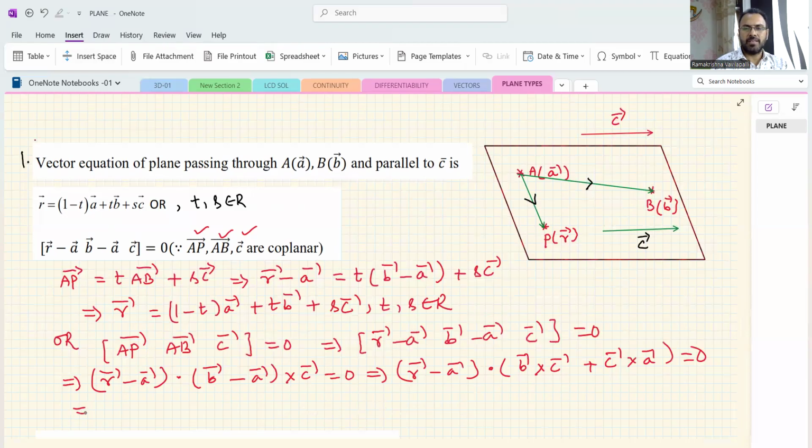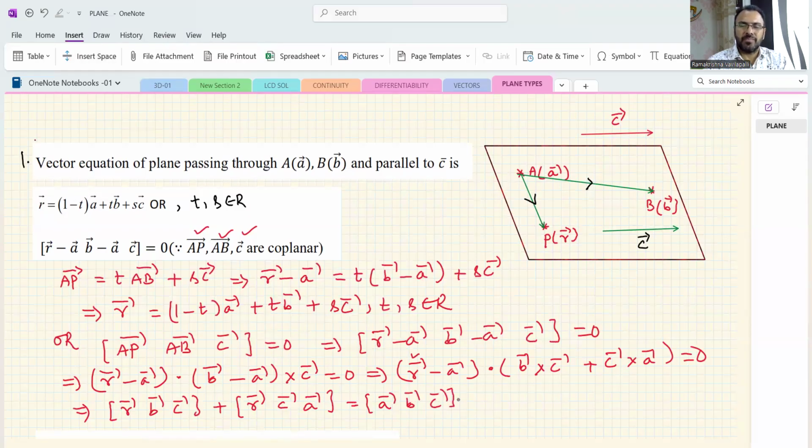Now this implies you take the dot product with R bar, then you will get box of RBC plus box of RCA minus box of ABC, that is equal to box of ABC. This is also the equation of the plane in different formats. So the vector form is over.